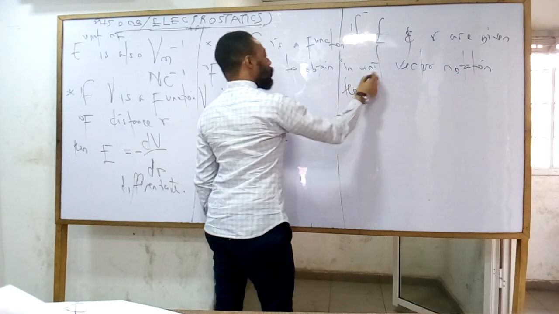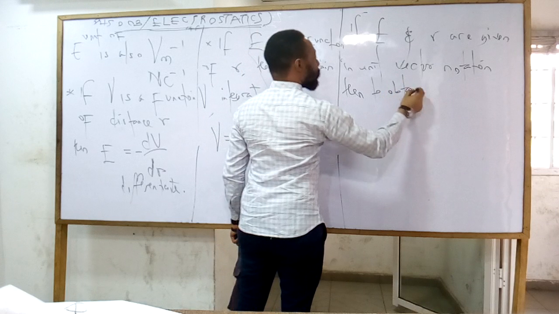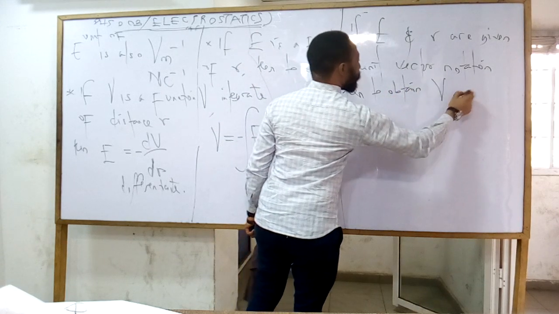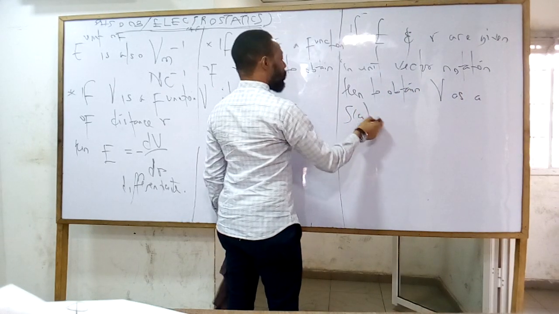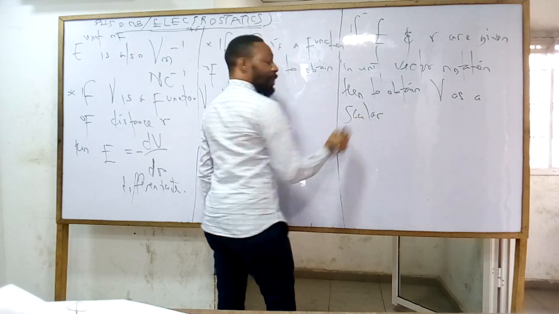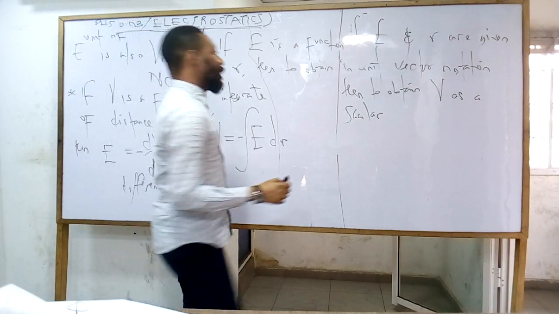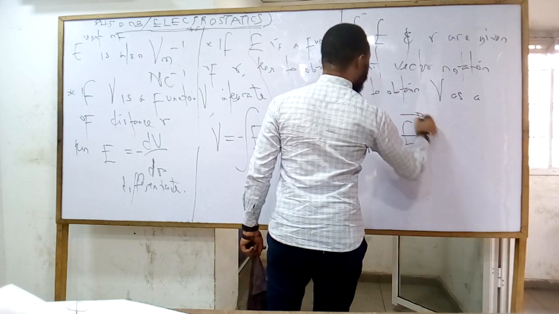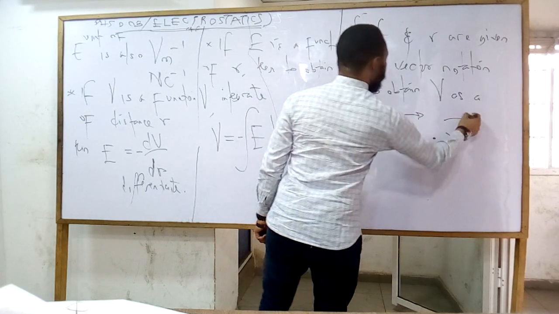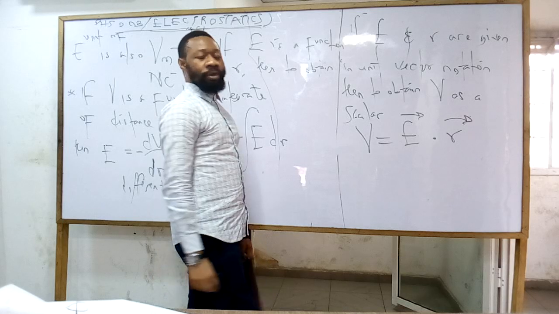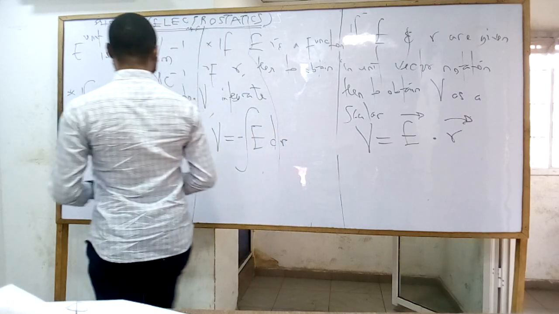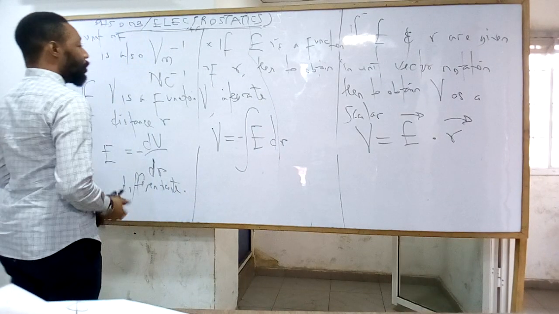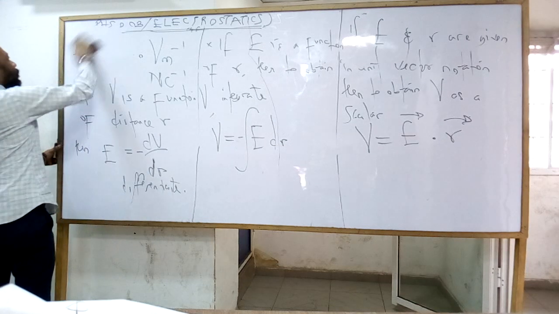Then to obtain V, which is a scalar, I know I will have to introduce the scalar product. So in that case, V equals E dot R, the dot product will apply there. So all these depend on the nature of the data in question.